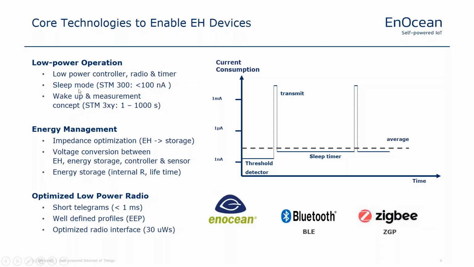Some example, a sleep mode or deep sleep mode is required. For example, our STM300 module, this is a generic sensor module, has a deep sleep mode current of far below 100 nanoampere. It is about 80 nanoampere in average.